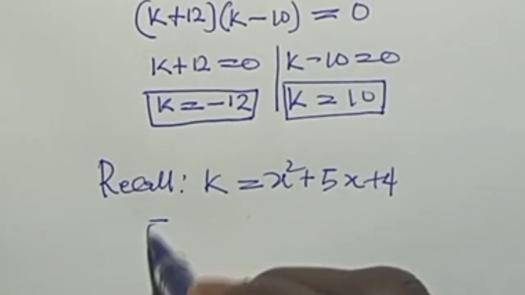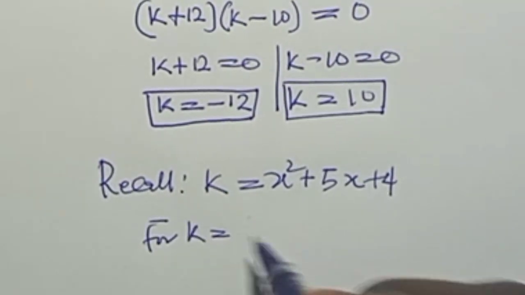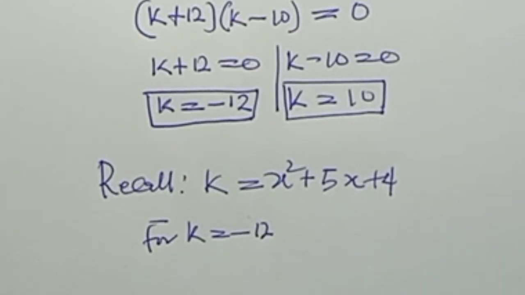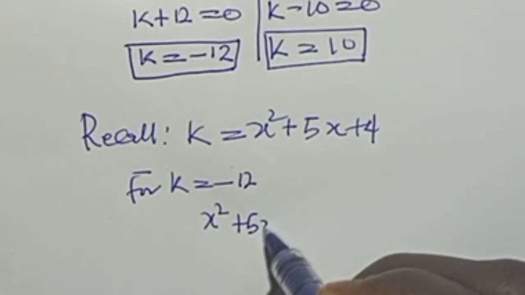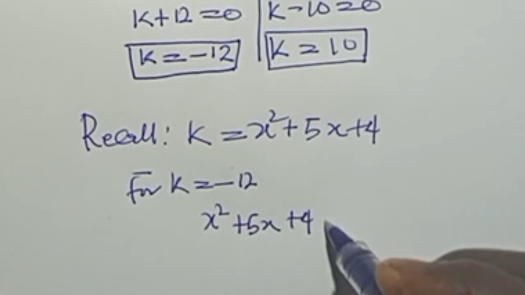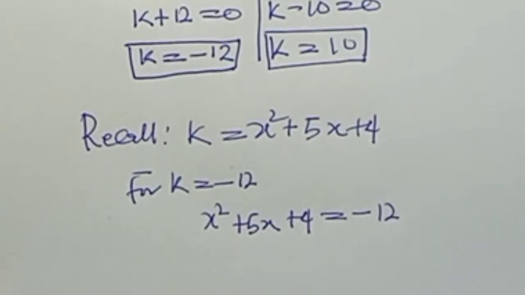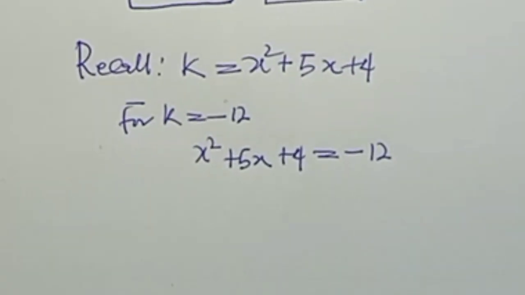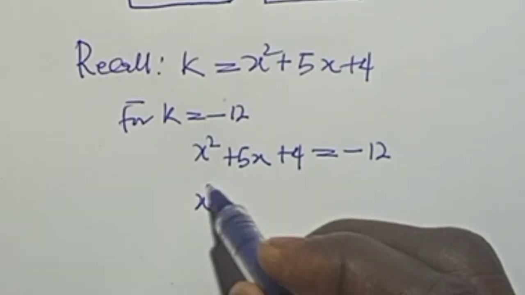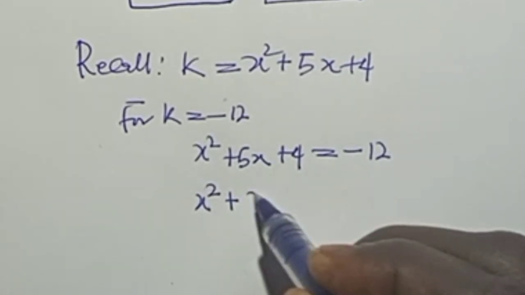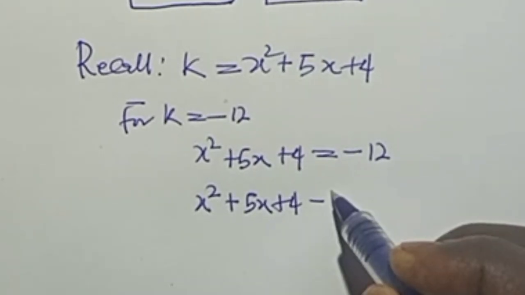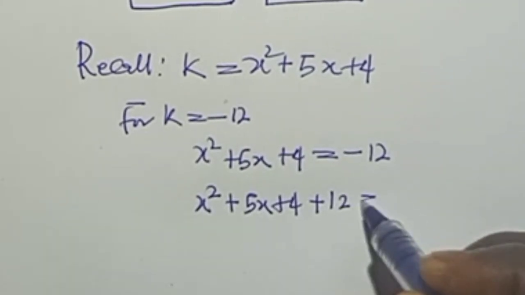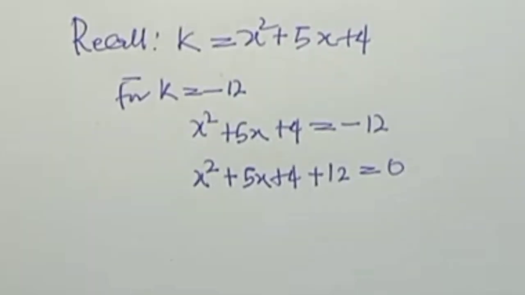So for k equals minus 12, x squared plus 5x plus 4 will be equal to minus 12. And if you do this very well, we're going to come up with x squared plus 5x plus 4 plus 12 equals 0.